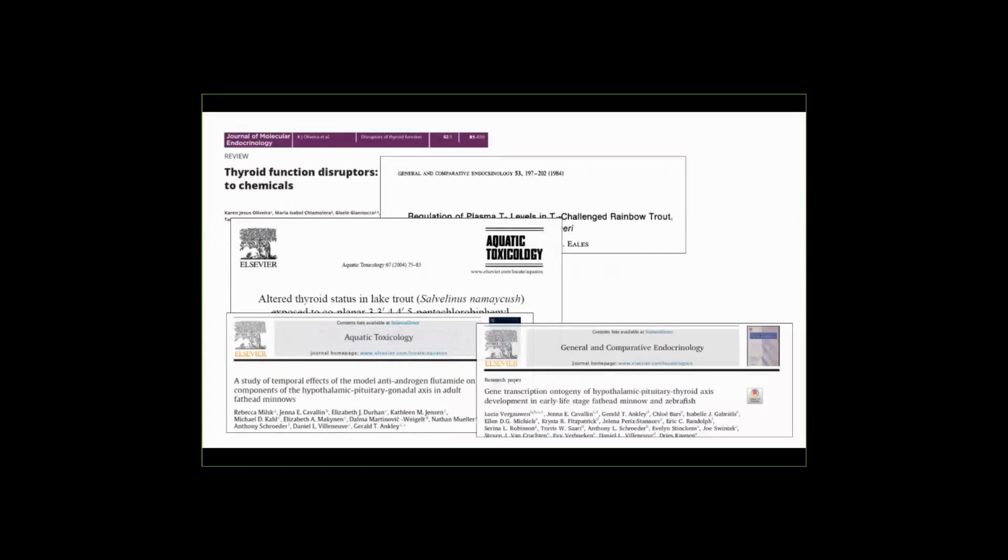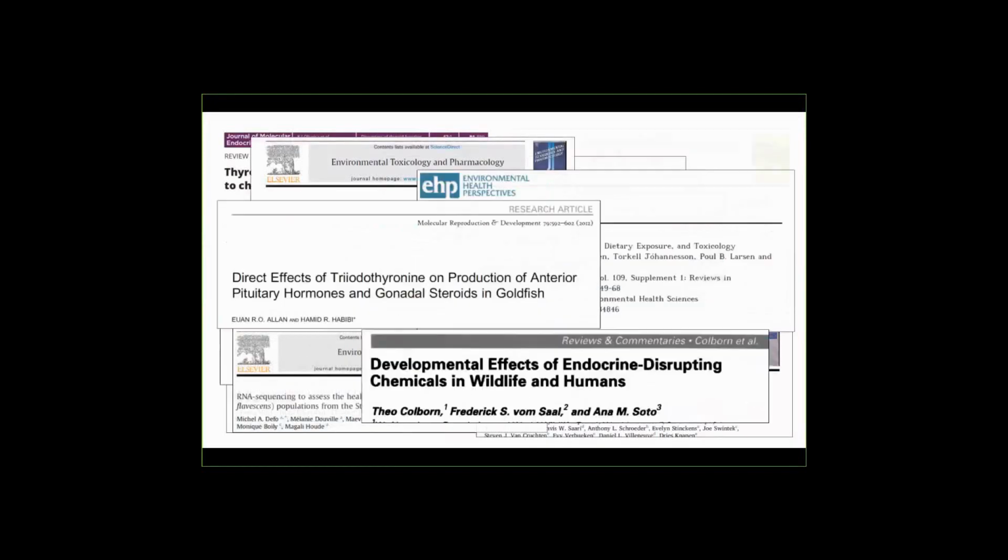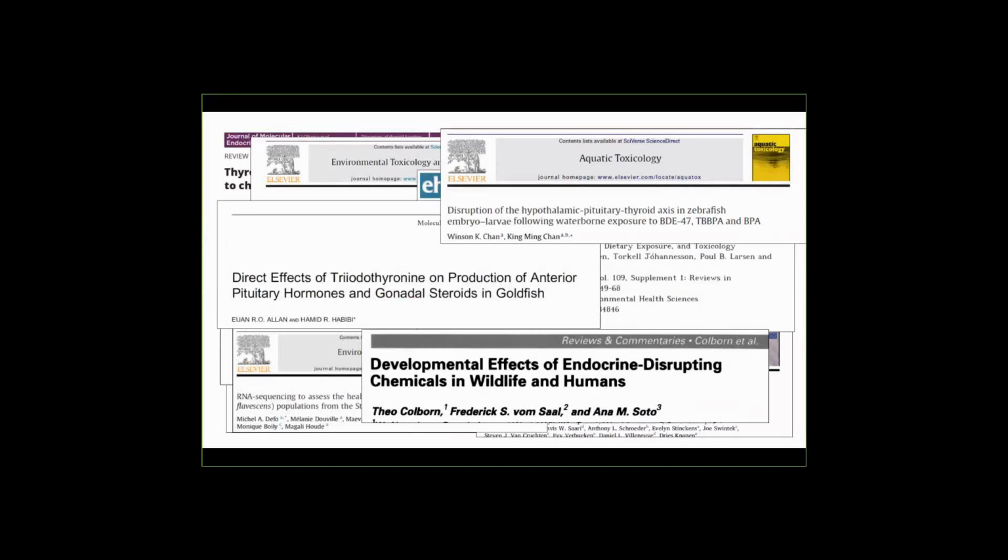So an excellent example is if you go in the literature and try to find information on endocrine disruptors and all the pathways that are affected by endocrine disrupting chemicals, you'll find hundreds, if not thousands, of articles. And how do you organize these? Even review articles are pretty unwieldy sometimes to truly grasp and organize all of that information.